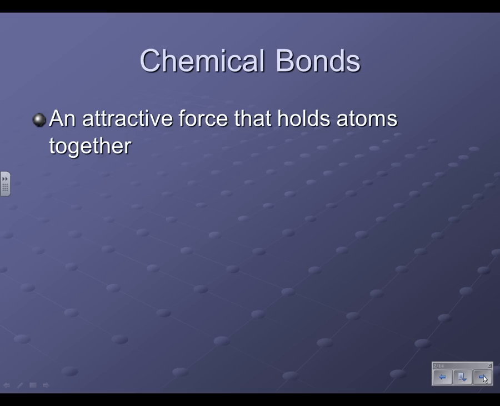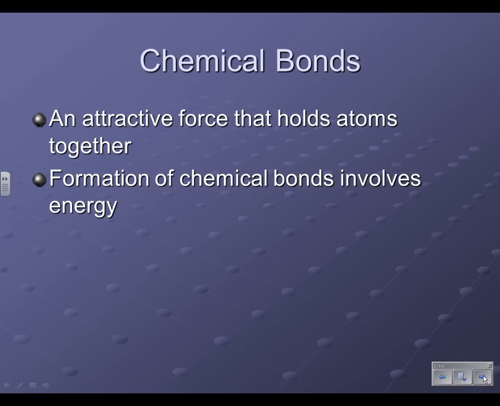So first, a chemical bond is defined as an attractive force that holds atoms together. I hope that sounds familiar from what we've done up until this point. I think we reviewed it on Tuesday and block day. And we discussed that the formation of chemical bonds involves energy because, as we've discussed, energy is the ability to do stuff.